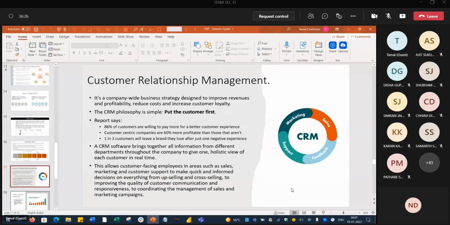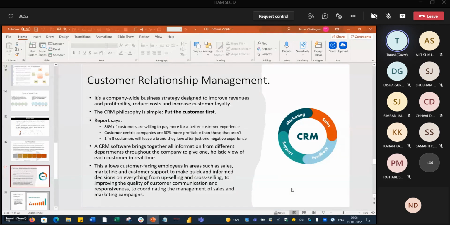This is majorly used every day by client-facing or customer-facing employees, and customer support, to make informed decisions for upselling or cross selling. We know what upselling and cross selling are.